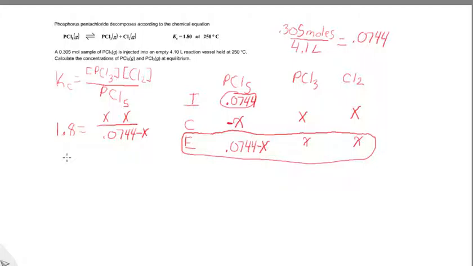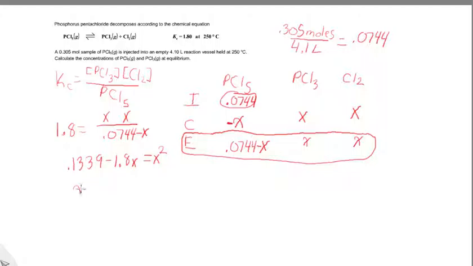So I'm going to multiply 1.8 times 0.0744 minus x, and I get 0.1339 minus 1.8x, and that's going to equal x squared.